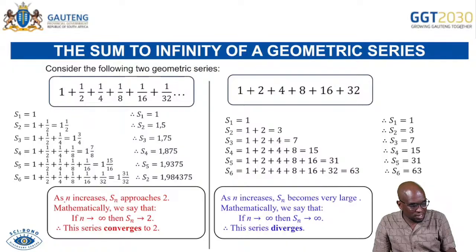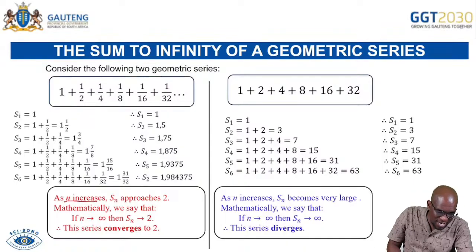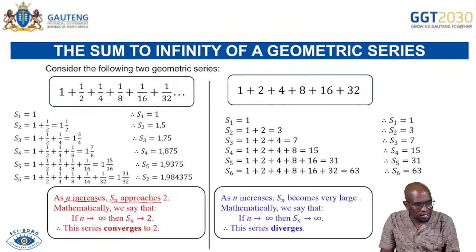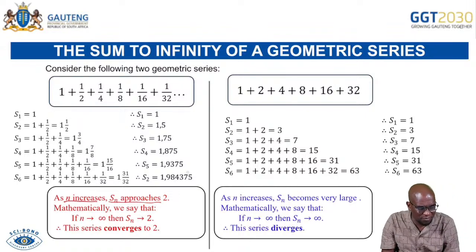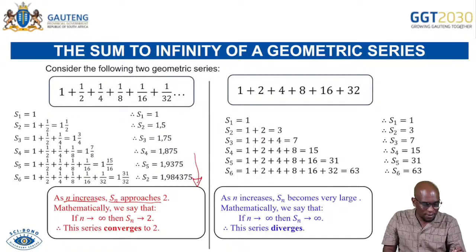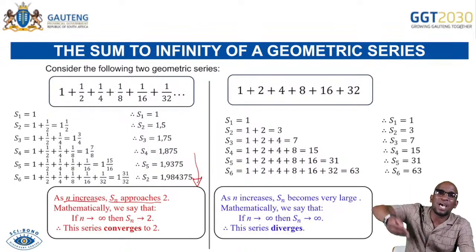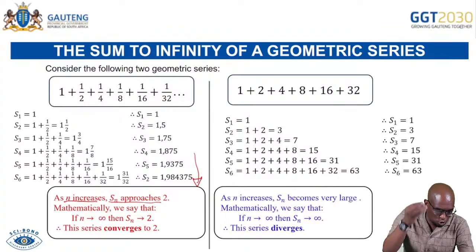Now, we can see that here we say as n increases, S sub n approaches 2. You can see that the increase is becoming less and less, but these values are approaching 2. They are getting closer and closer to the number 2.